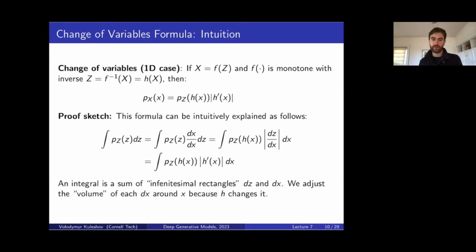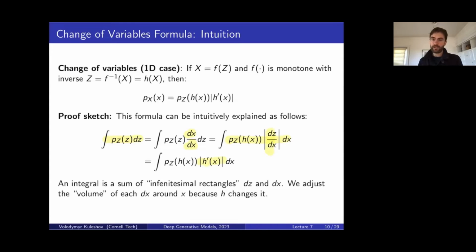And what happens here is that we start with the density of z. Let's say we wanted to integrate z. If we were to perform a change of variables, well, here I can divide and subtract by dx, and then remapping the dx's, I get the following approximate formula, and this part here, the dz over dx, is simply the derivative of h of x.